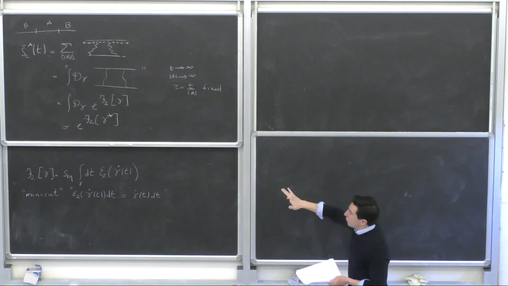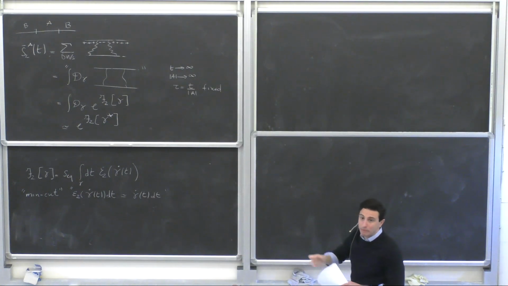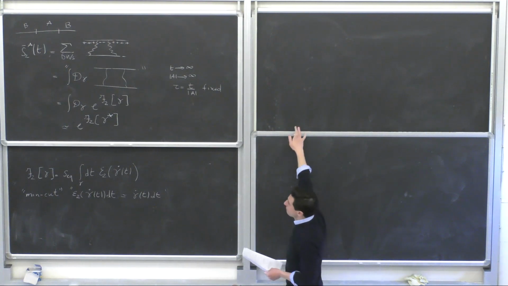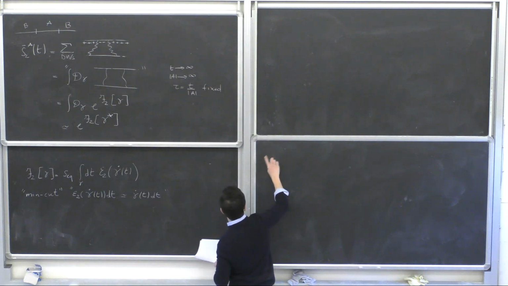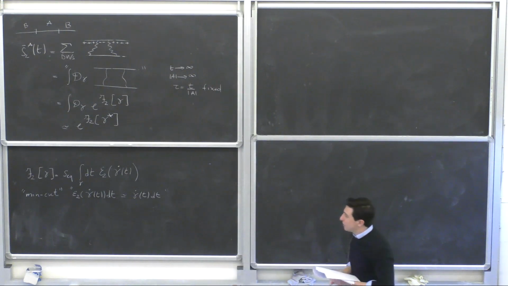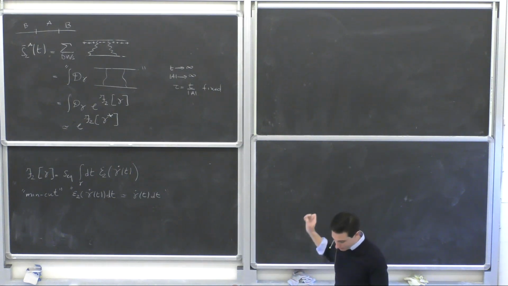For the rest of this lecture, I'm not going to focus on the Rényi 2 case, but more generally we can take any Rényi, and in particular the most significant one is the entanglement entropy. So we will now focus on the entanglement entropy.